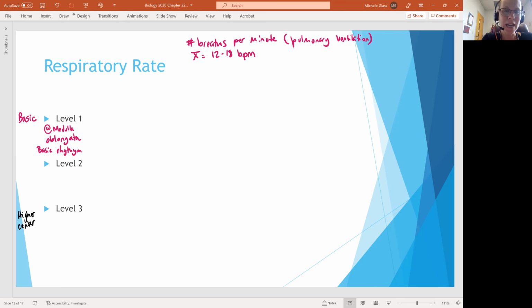When we talk about these respiratory centers, we have groups of neurons that are located at the front and the back of the medulla oblongata. So we have what's called the ventral respiratory group. Ventral's front, and we'll abbreviate this one as VRG.